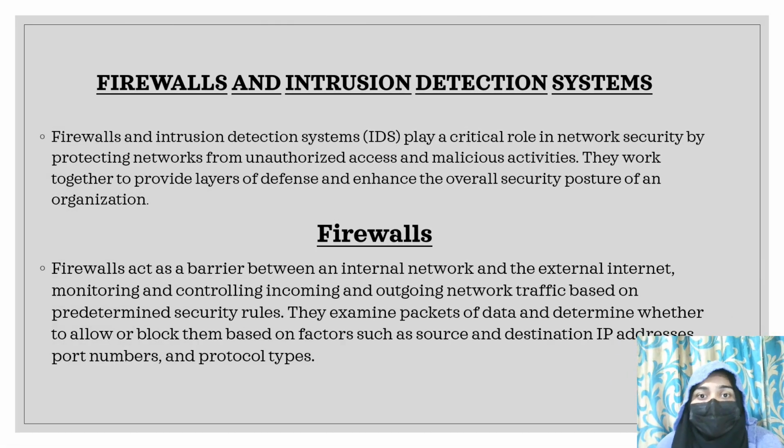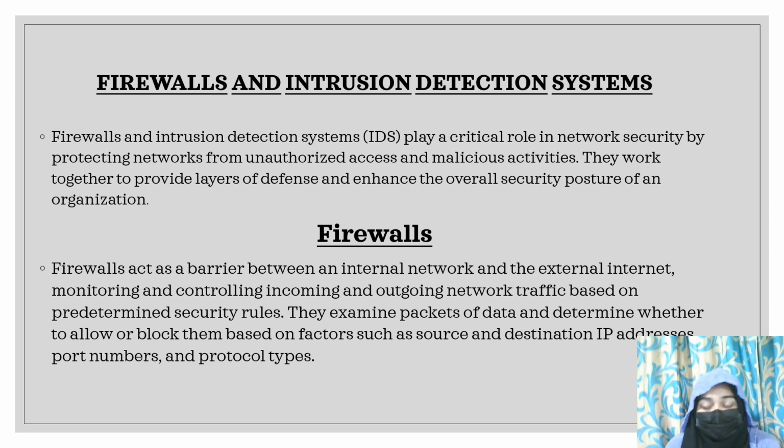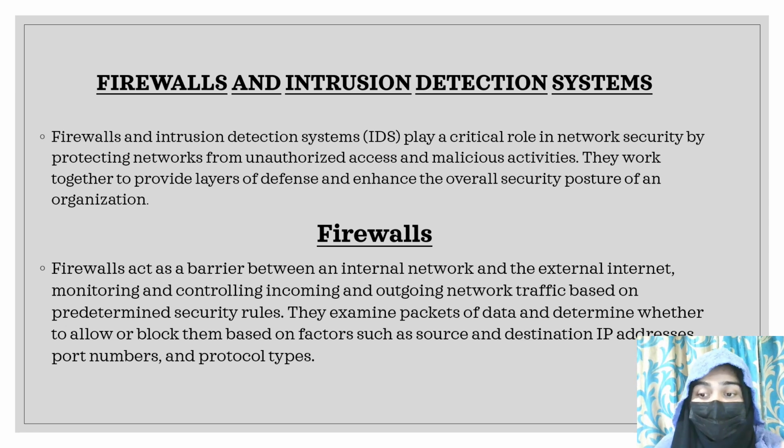Firewalls and the intrusion detection system play a critical role in network security by protecting networks from unauthorized access and activities, and they work together to provide layers of defense and enhance the overall security posture of an organization.